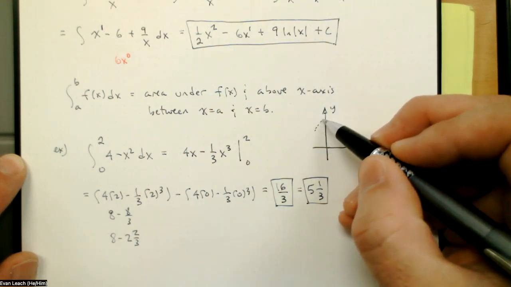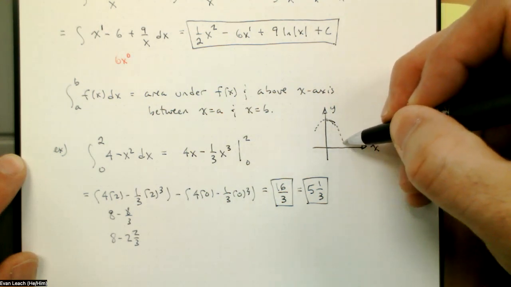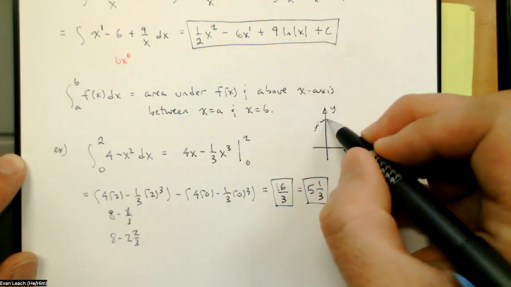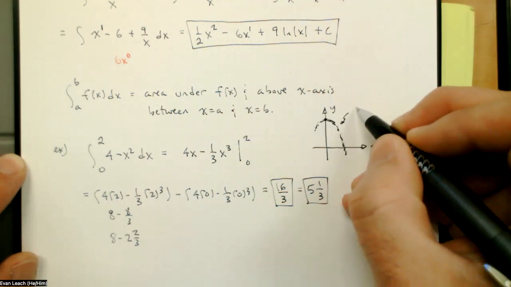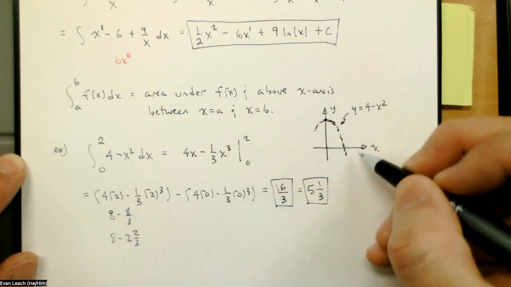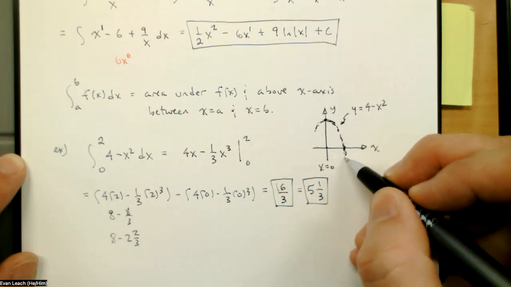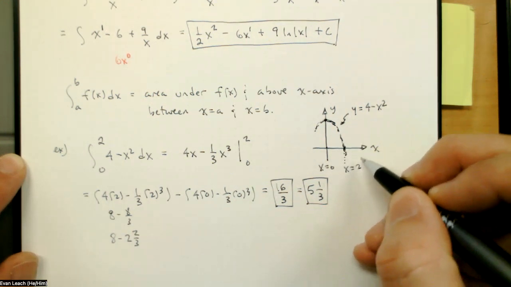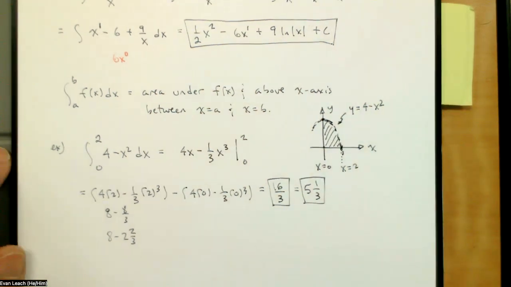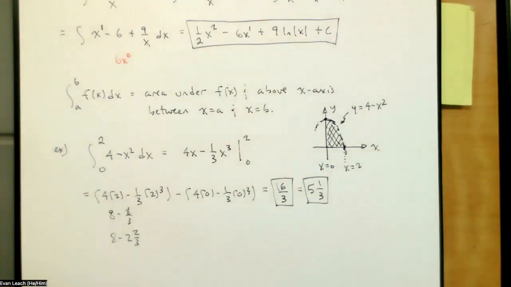So 4 minus x squared is this parabola opening down, on the interval from 0 to 2. So that's what we calculated. That area is 5 and a third.